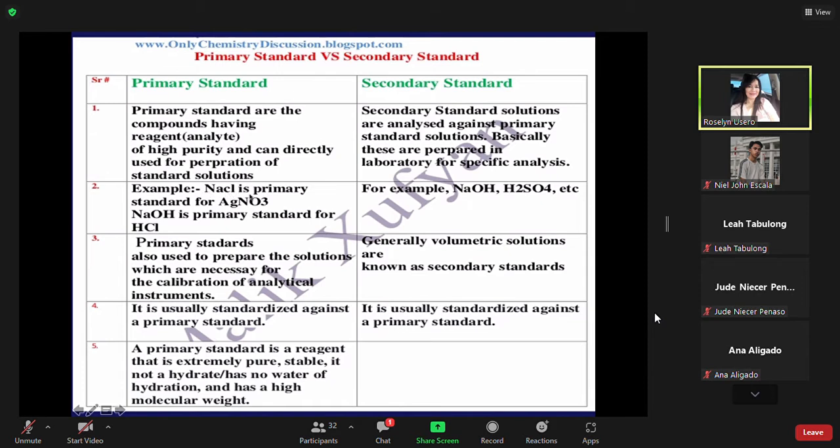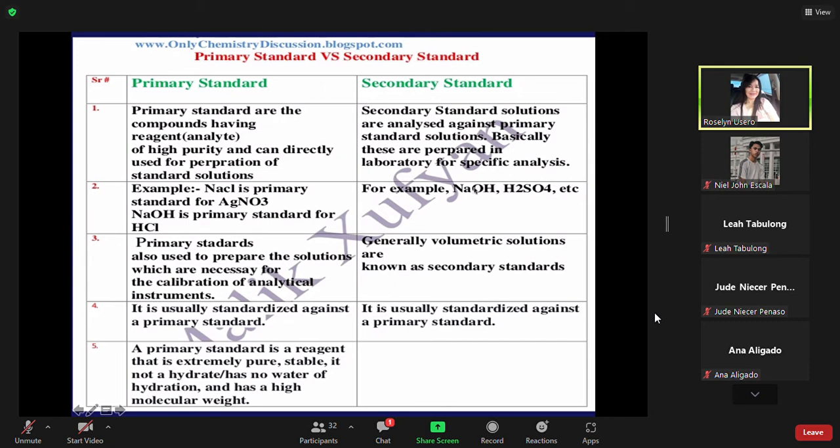Next, one example again here. Sodium chloride is primary standard for silver nitrate. Sodium hydroxide is primary standard for HCl. Okay, so for this one, the secondary standard could also be sulfuric acid or sodium hydroxide.